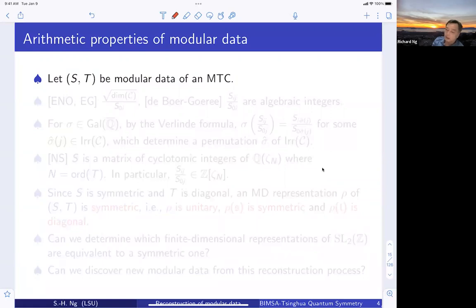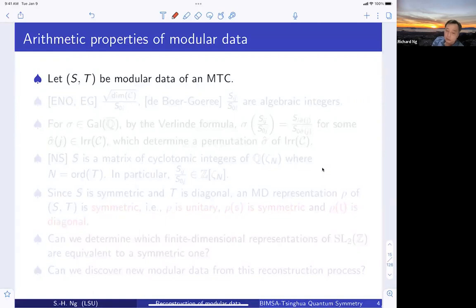But later you can see that the whole thing is about representations of a finite group. So then we can just talk about the character of the finite group, and you can ask whether this character determines a certain modular tensor category or not. So this is more or less a goal. Can we use the character of the finite modular group to determine whether it gives a finite family of modular categories, or is empty, or may not be realized?